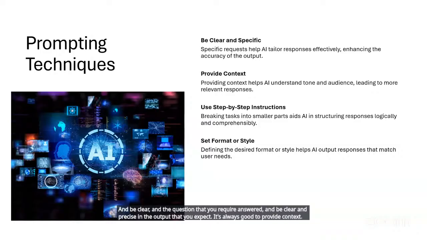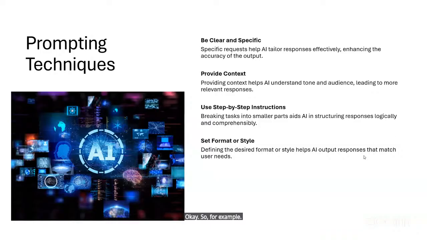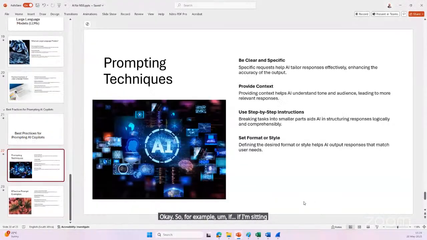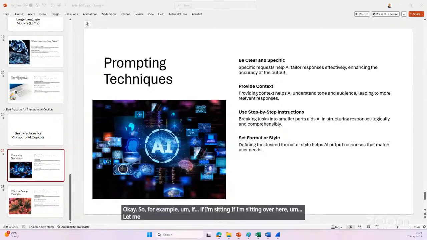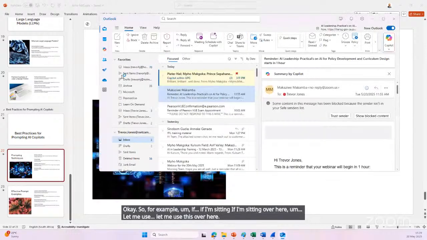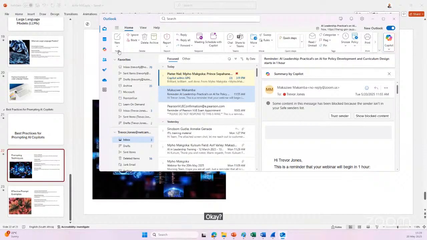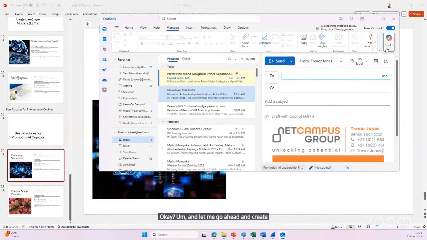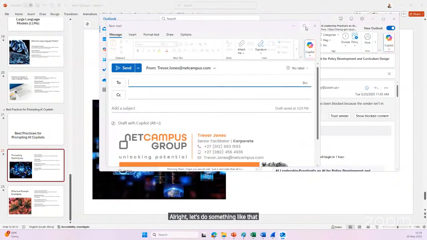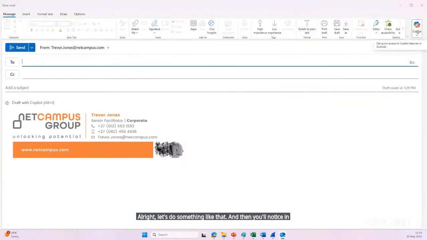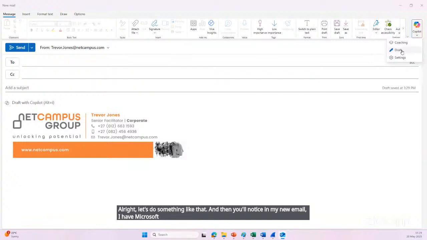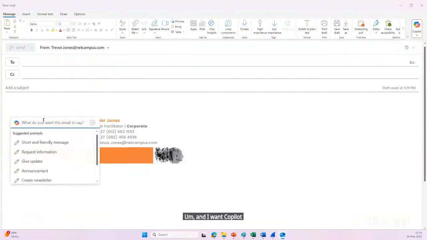Okay. So for example, let me go ahead and create a new email. You'll notice in my new email I have Microsoft Copilot, and I want Copilot to help me draft an email.